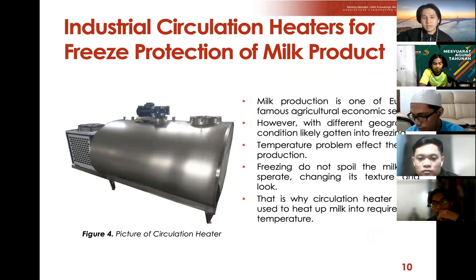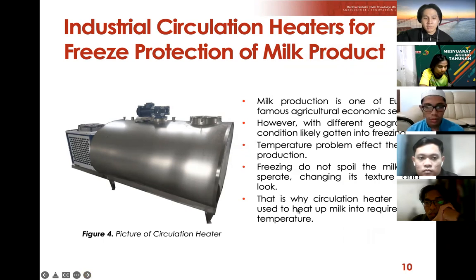This temperature problem could affect milk production. The freezing problem does not spoil the milk, but it separates it and changes its texture and look. That is why the circulation heater is used to heat the milk up to the required temperature.